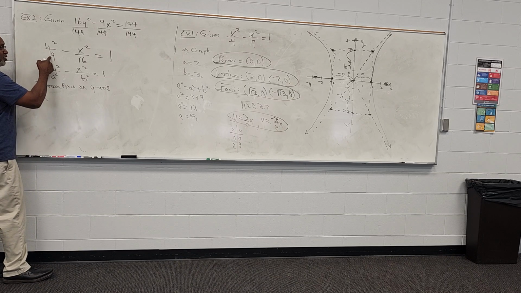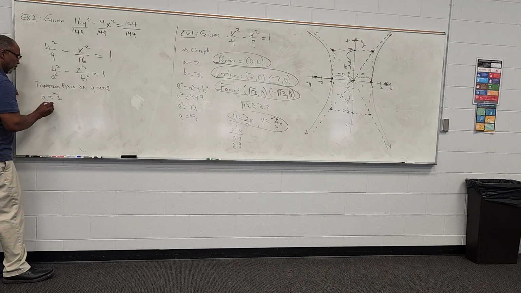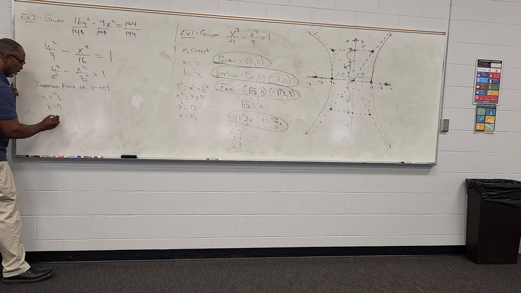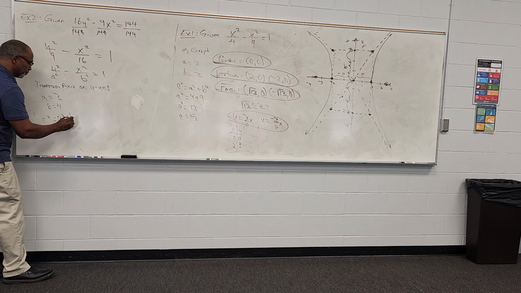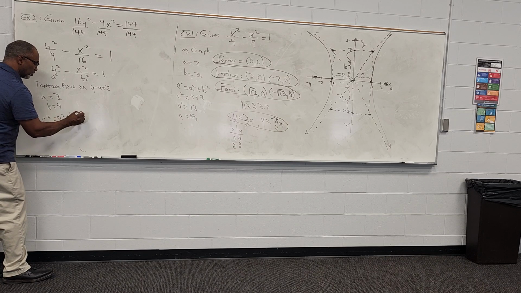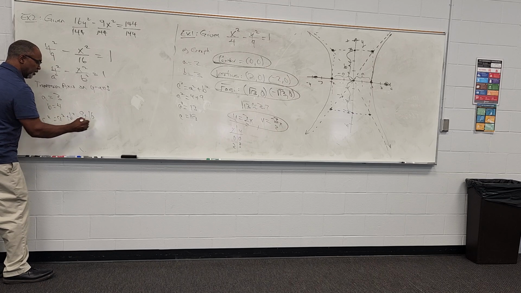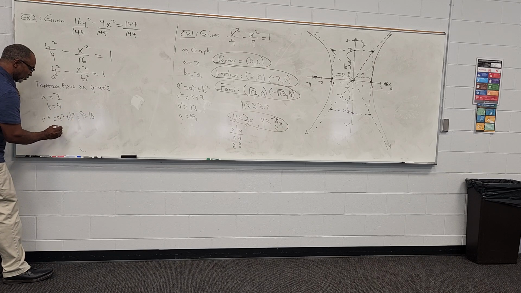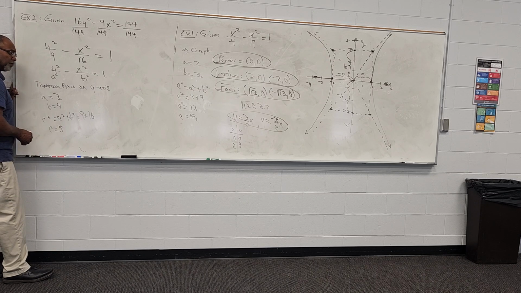So since a squared is 9, a is 3. Since b squared is 16, b must be 4. Let's go ahead and calculate our foci. a squared is 9, b squared is 16, that's 25. Take the square root of 25, c must be 5.